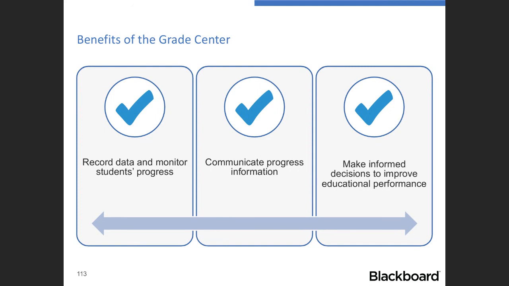So the grade book is more than a grade book. It provides a means to record data, monitor learners, calculate grades, identify learners' last access, and provide immediate feedback to learners, and give the learners a means for reviewing upcoming and missing items. So it's not only a place where you can just set the grade.